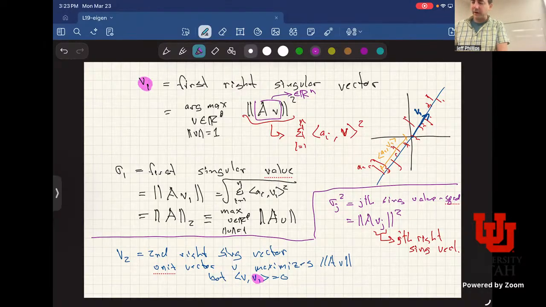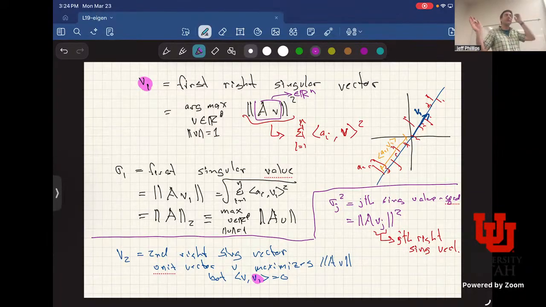It has to be orthogonal to the first right singular vector while it maximizes this. It's a little bit harder to define what exactly it means, because I have to define it in a way that's recursive. It's dependent on the previous singular vectors.